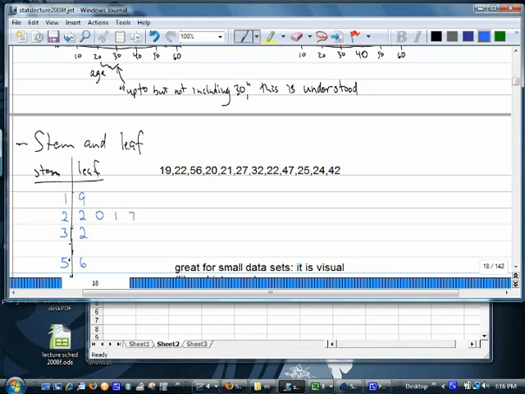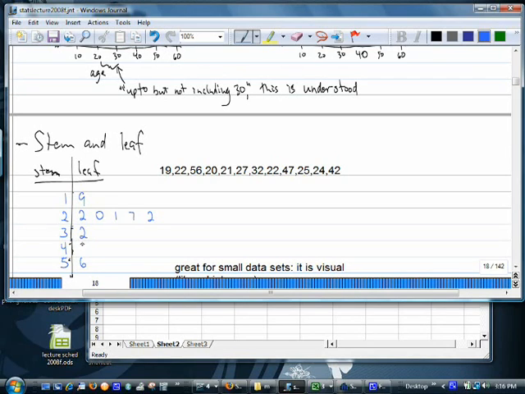Okay, well, it's not next to it, it's in that row. But yes. So in the 2 row, I put 2. Next is a 47. So I need to make my 4 my stem and my 7 my leaf. 25, in the 2 row, I put a 5. 24. 42. If you want to be really super organized, you can go in order, but this is fine.